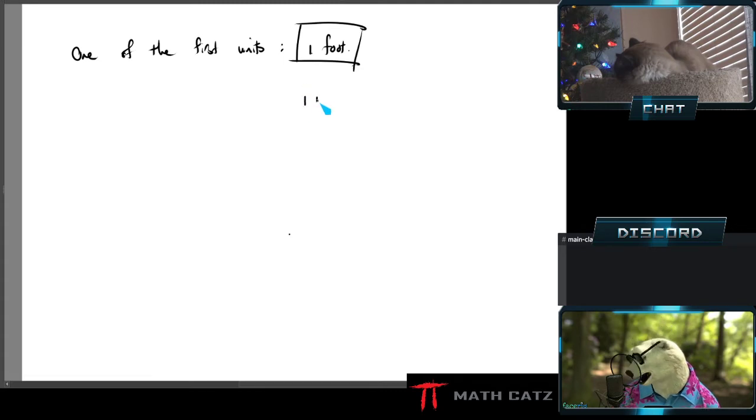So they introduced the concept of a yard, and 1 yard is equivalent to 3 feet. So that now if I run a little distance, maybe it could be a very large number of feet, but not as many yards. So it's easier to work with.